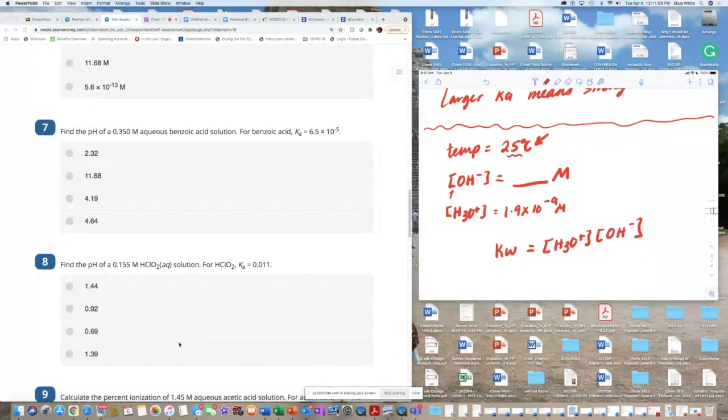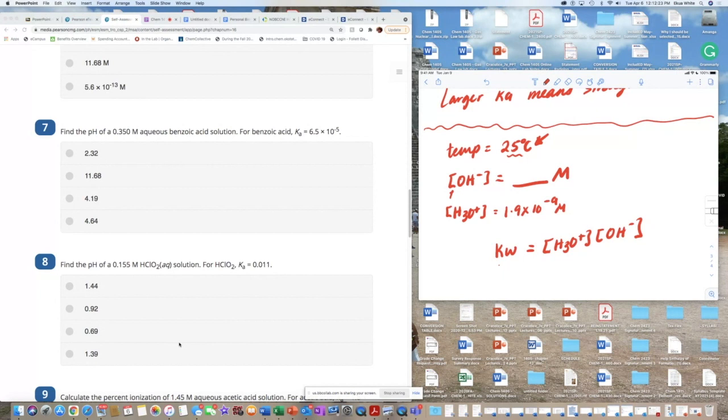Because if the temperature is different, the value of Kw is different also. We have only learned about one Kw, and that Kw is only valid at that temperature. It's those low-key things that people in chemistry communicate, and you're like, is this important? In the world of chemistry, it's important because there's a whole table out there somewhere, not in your textbook, where there's a bunch of different Kws at different temperatures.